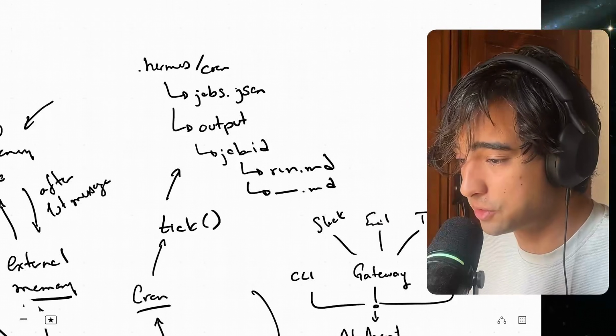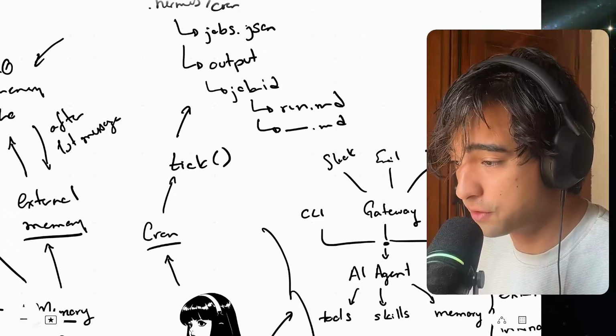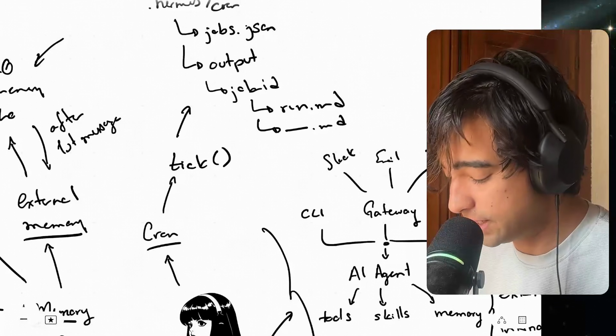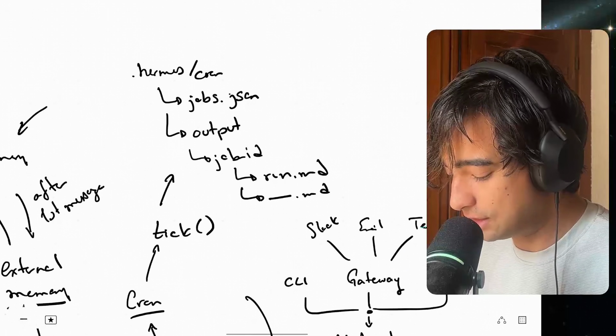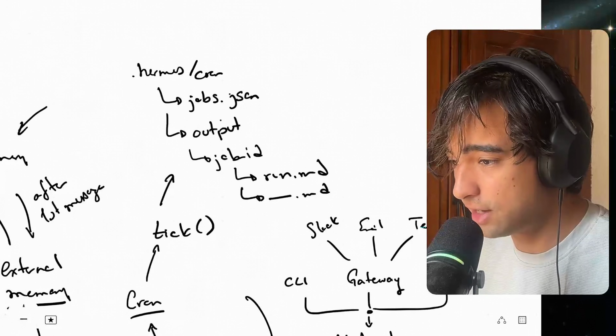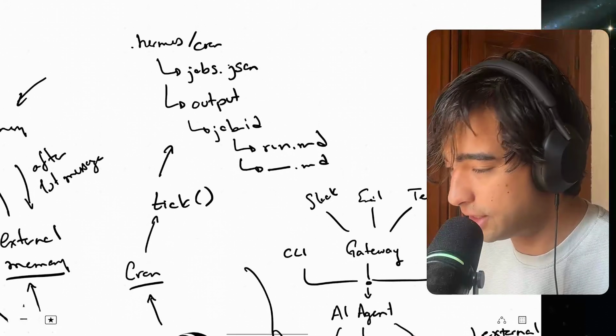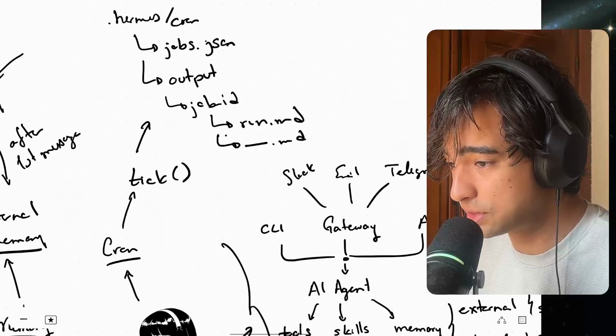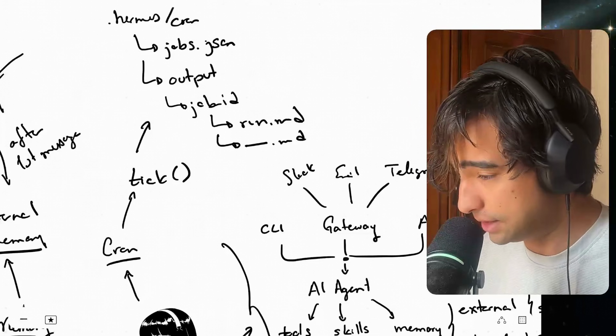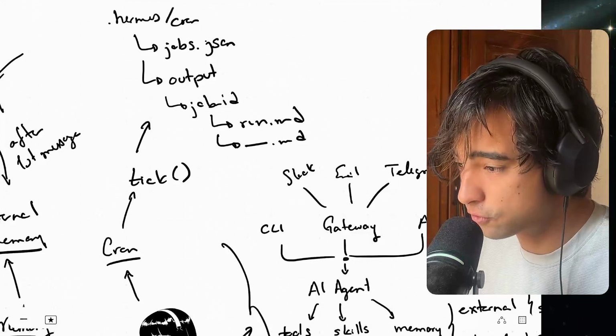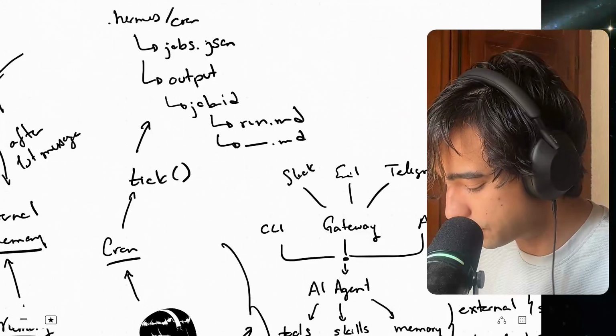So basically, that's all that happens. A very straightforward function that runs in a loop every minute, and every minute it checks your jobs.json file to see if there are jobs to be run at that moment. If there are, it executes them and then stores the result in the markdown file for that particular run.